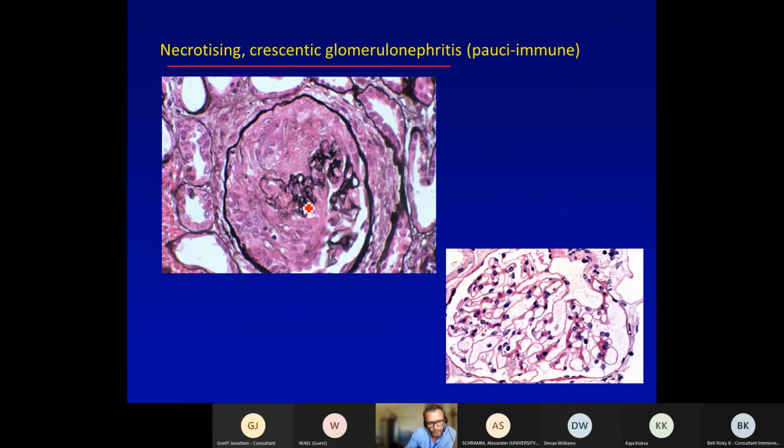You can send a kidney biopsy off to the laboratory, and they will return this together with indirect immunofluorescence very often the same day if you get it done early enough. And if you see this kind of change with a negative immunofluorescence, that's pretty much diagnostic of small vessel vasculitis and gives you reassurance that you're treating the right thing.